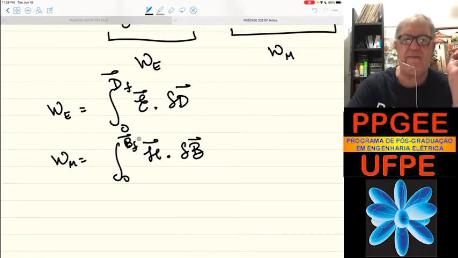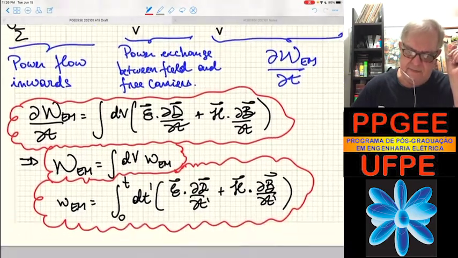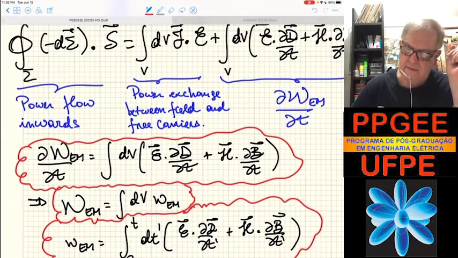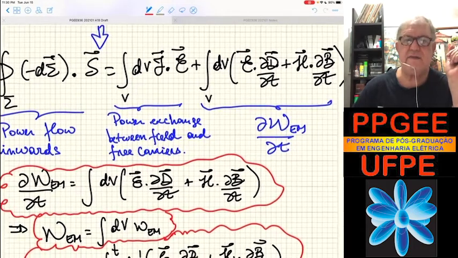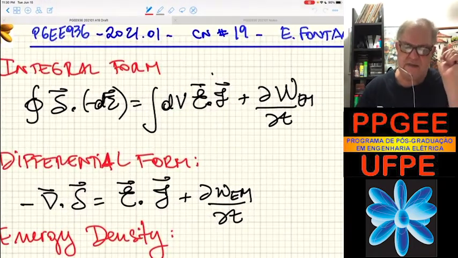So what does Poynting's theorem give? It gives this relationship here. Let me see, is it somewhere here? That's the integral form of Poynting's theorem.